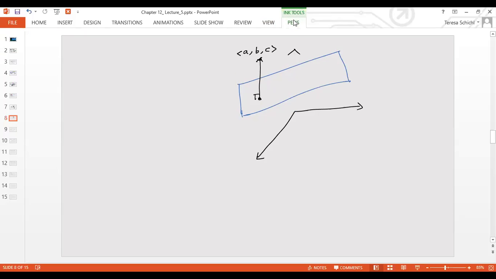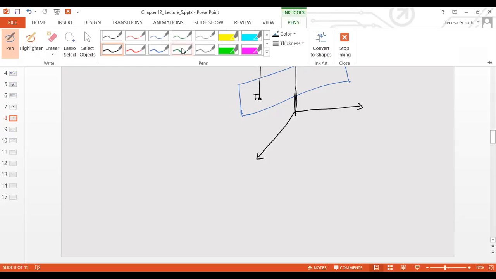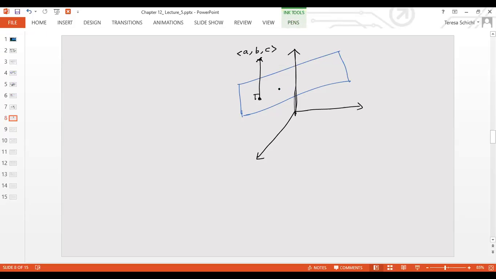This is my x-axis here. Let's mark the point first.